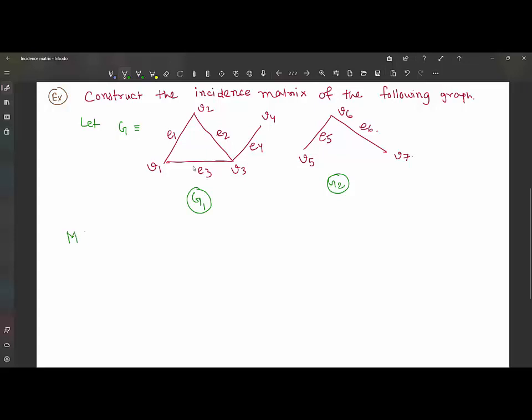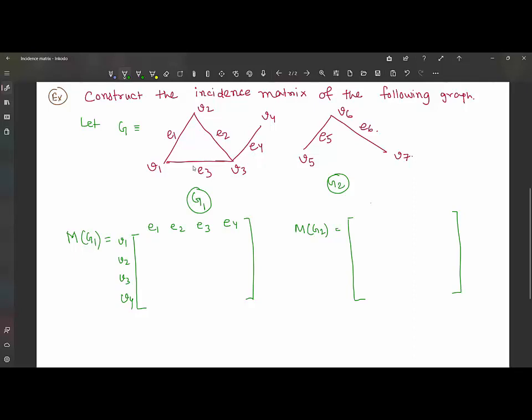So let the incidence matrix of G1 be M of G1, and M of G2 is the incidence matrix for G2, which will be another matrix. In M of G1, we will put the edges column-wise: E1, E2, E3 and E4, and vertically we will put V1, V2, V3 and V4.